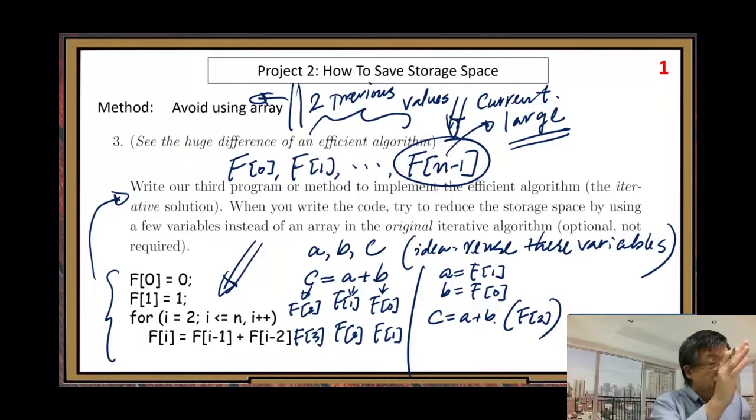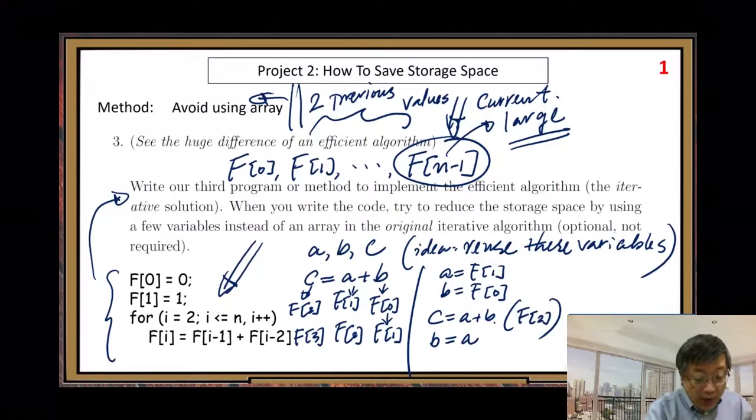So next, in order to calculate F3, the next round's new Fibonacci value, we need to update values for A and B first, right? First, B should change to value F1, but that comes from A, right? So your B should take the value from A, copy the value from A.